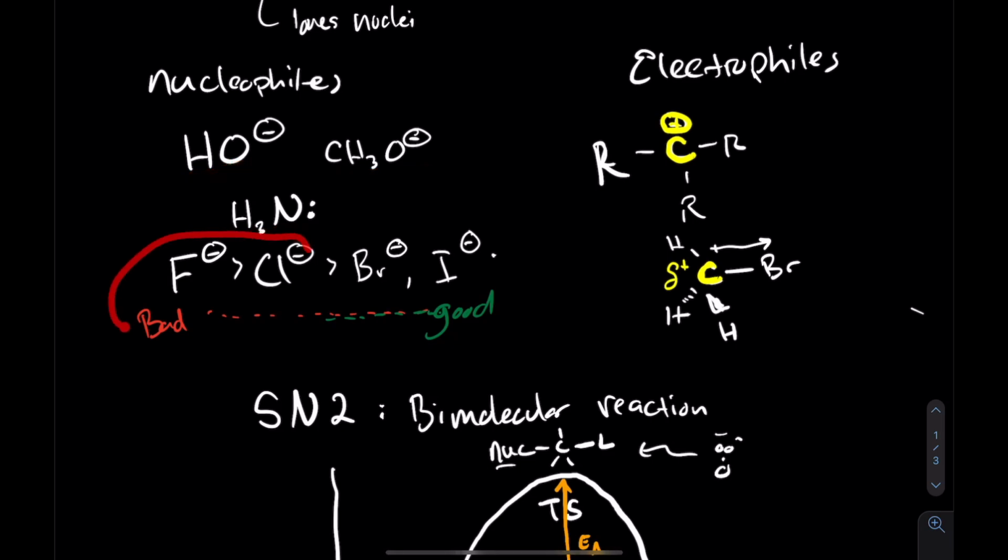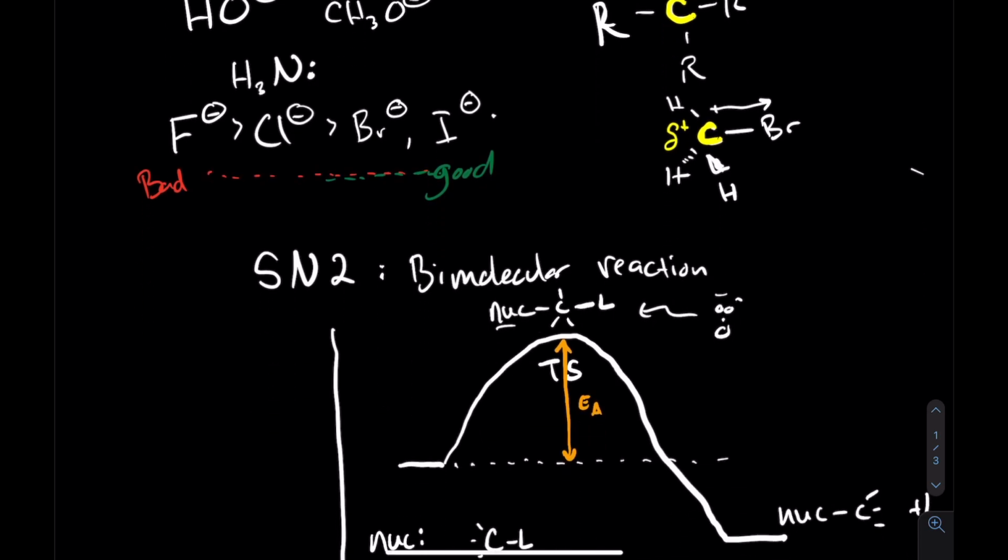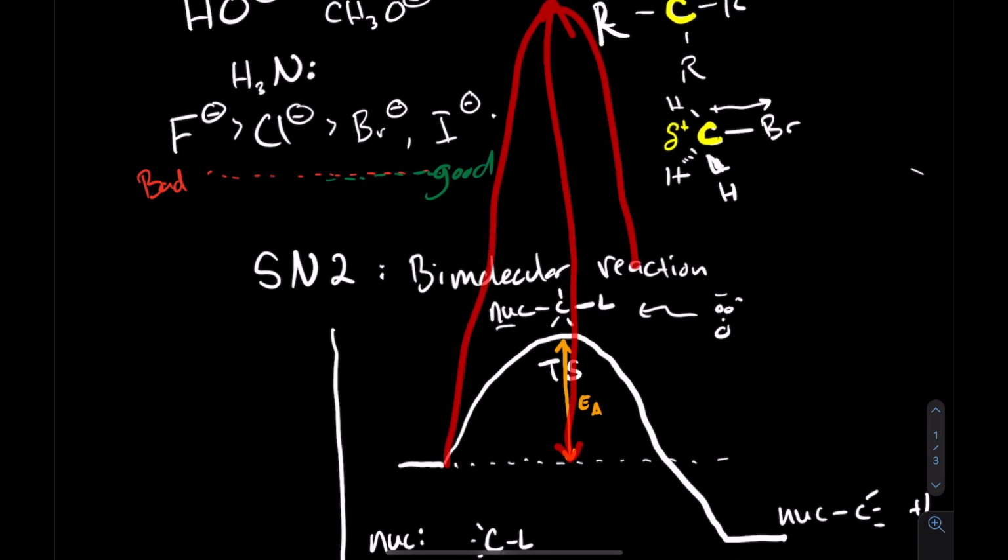I kind of went over here. In fact, I explicitly went over here saying that iodide is a really good nucleophile, which means that it would have a modestly high energy of activation, whereas fluoride is a bad nucleophile. Okay, not that it is impossible, but the energy of activation would be enormous, and you would have something that would look like that.